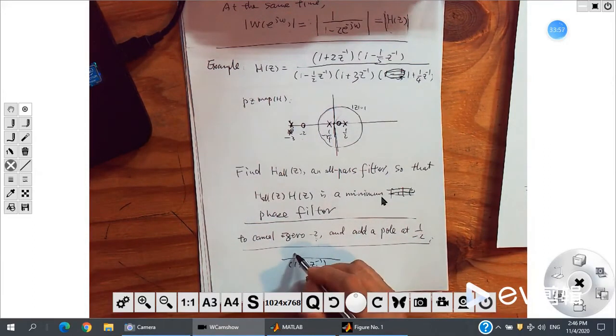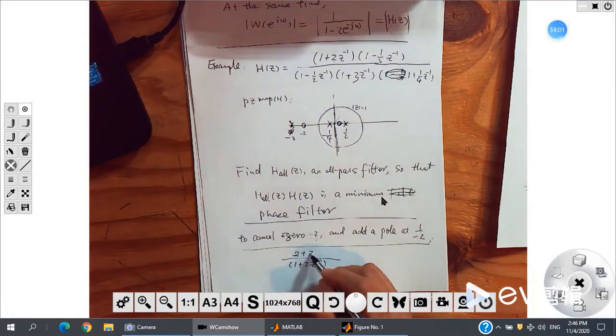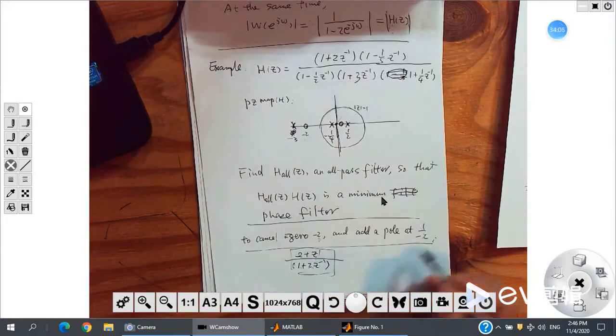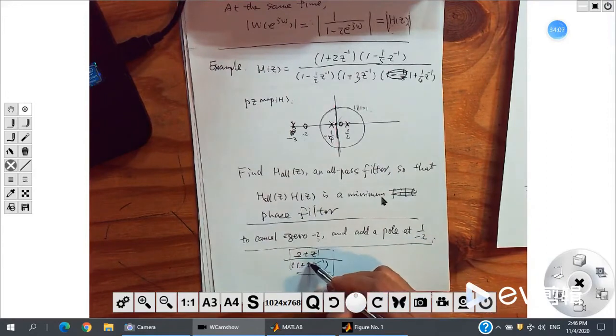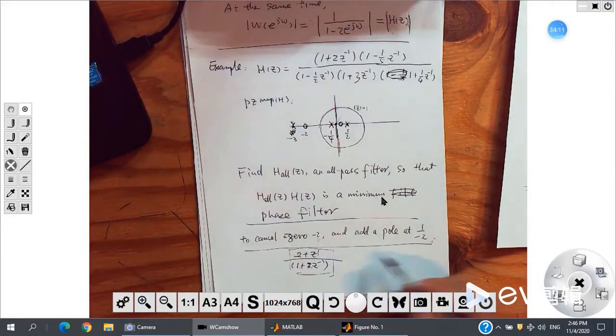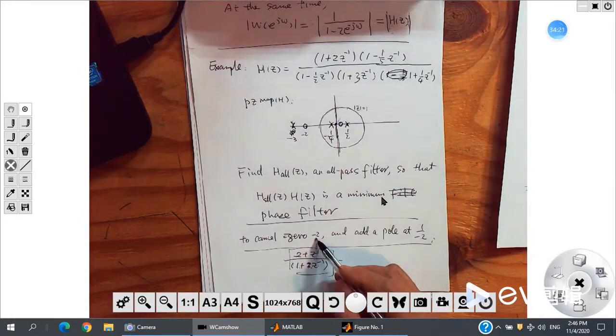So here I add, actually this is 2 plus z to the -1. I change the order of these two. So this one satisfies this requirement. I can cancel this -2 with this zero. Oh no, this just cancels the -1 and adds a zero. This one cancels this pole and adds a zero.